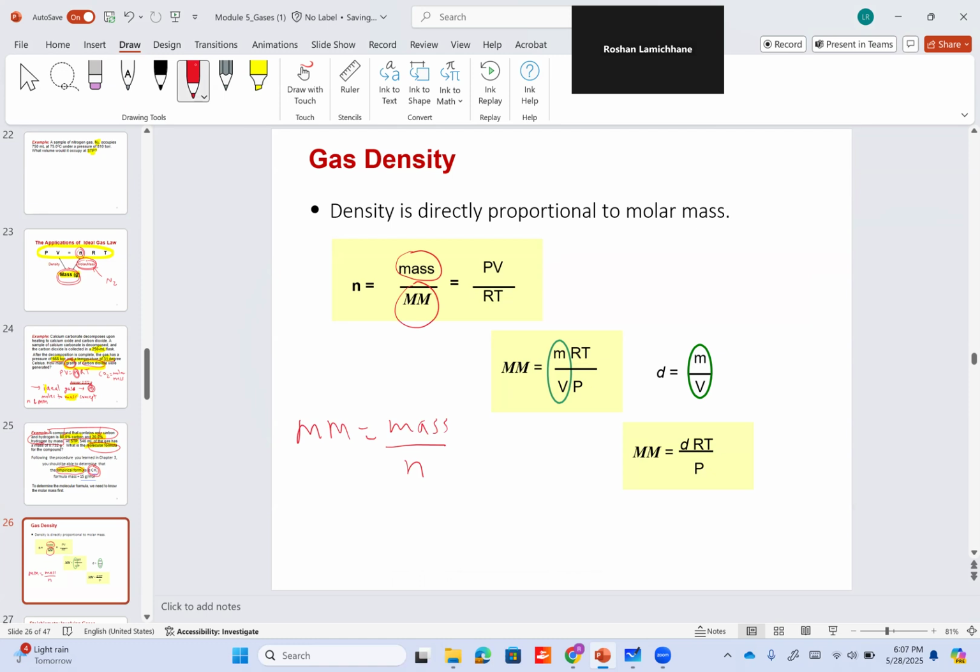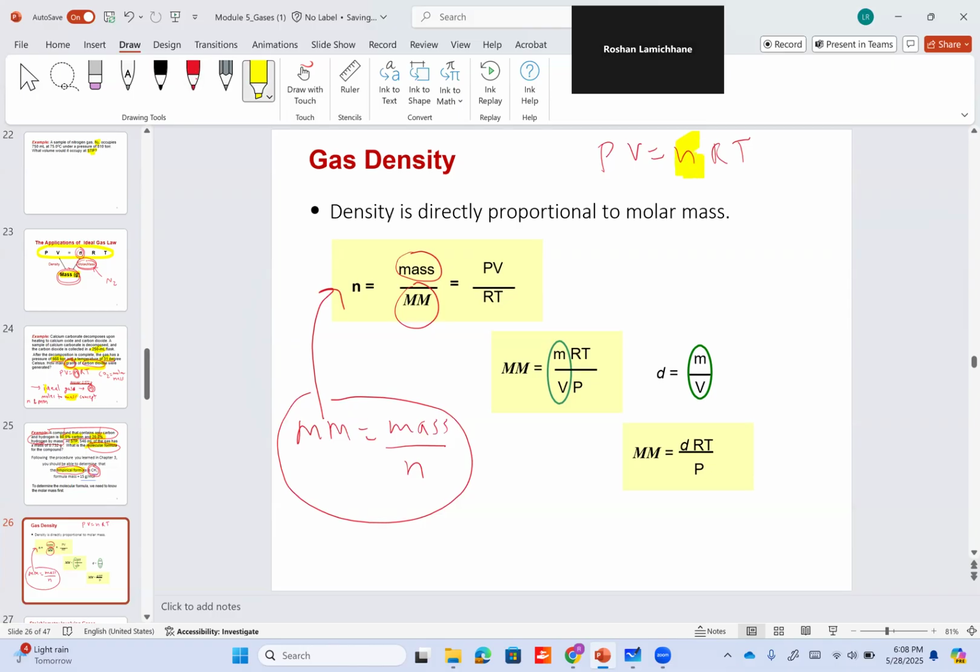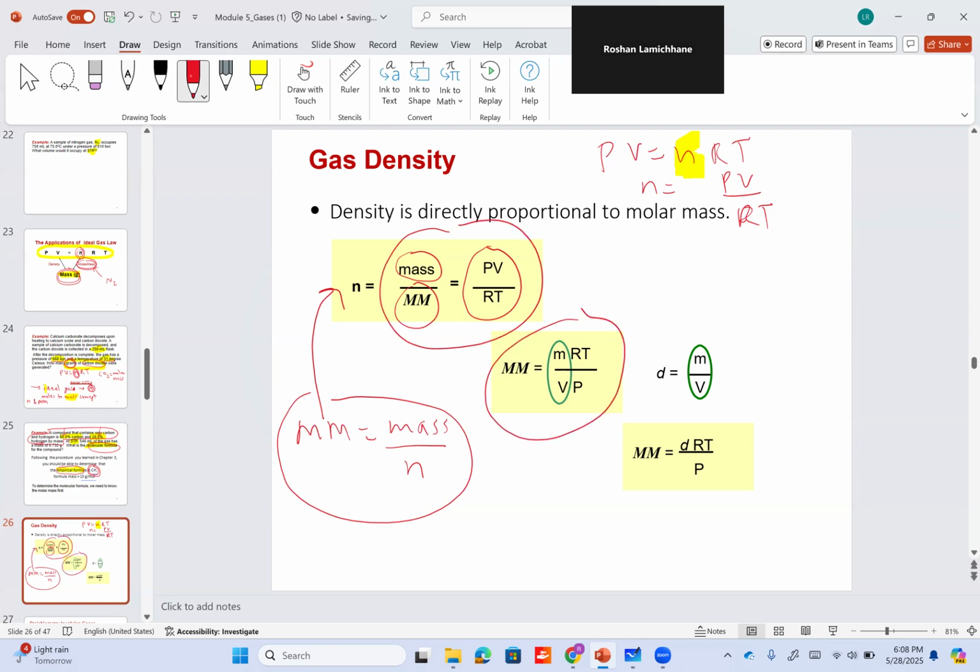So if I rearrange this equation, I will end up with n equals mass over molar mass, right? From my PV equals nRT formula, if I rearrange the equation, my n value will equal PV divided by RT, right? n equals PV divided by RT, isn't it?